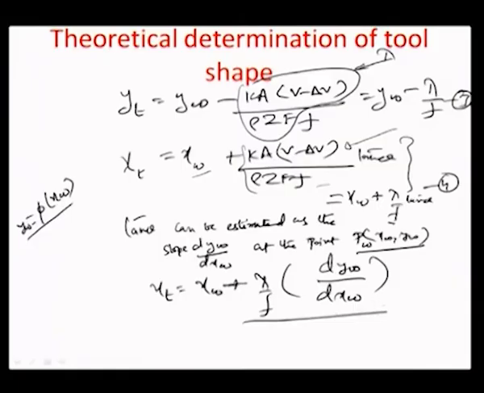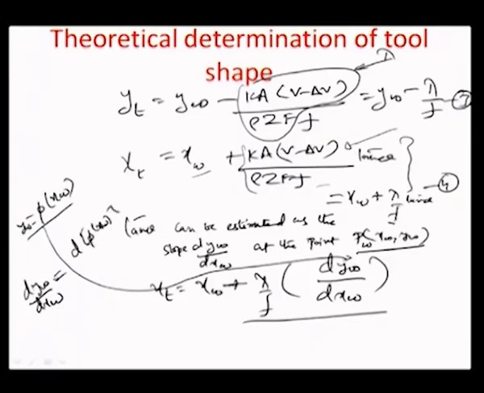Since the work surface geometry is given by this relationship, the dyw by dxw actually equals d phi xw by dxw.